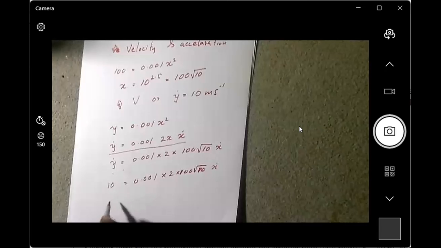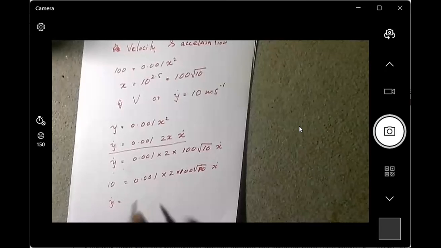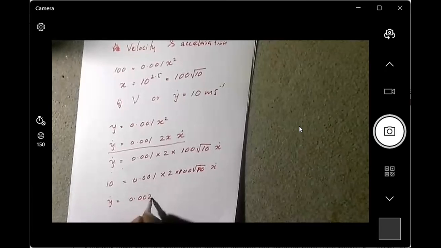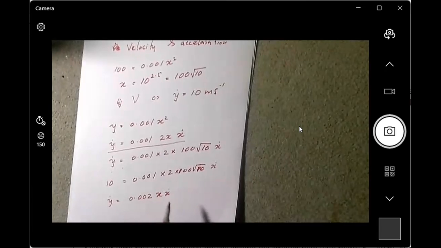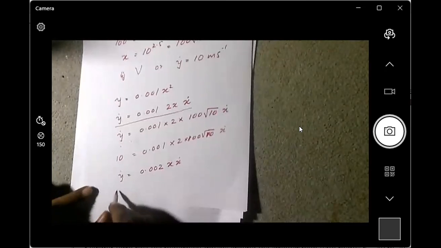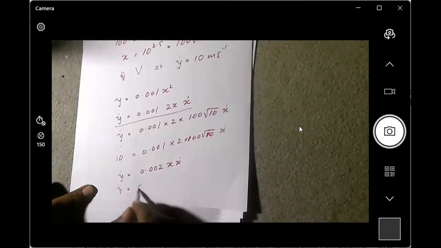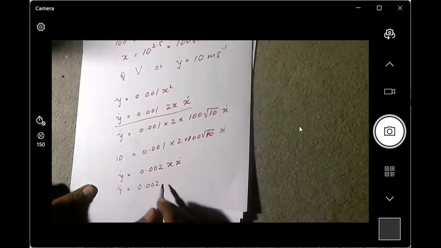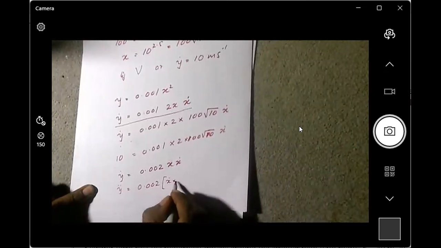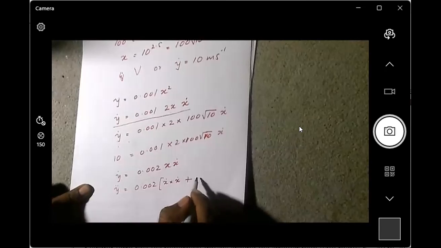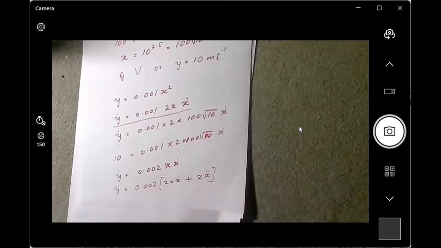So if we differentiate this one, here we have y double dot equals 0.001 into 2 times x dot times x dot plus x times x double dot, right?